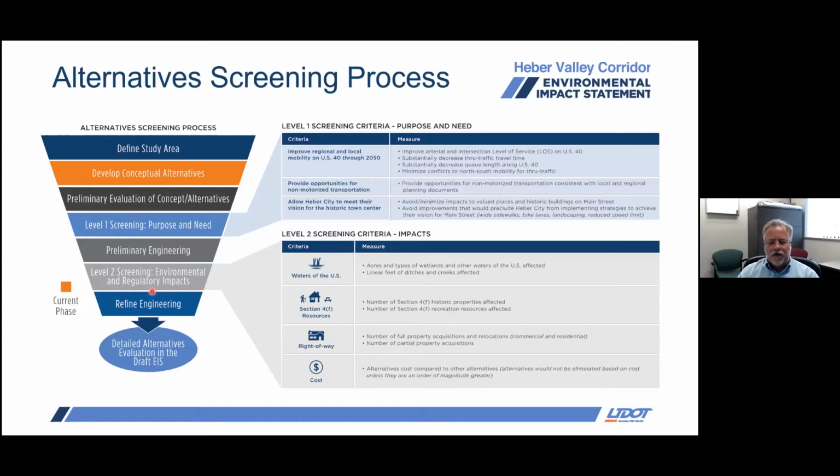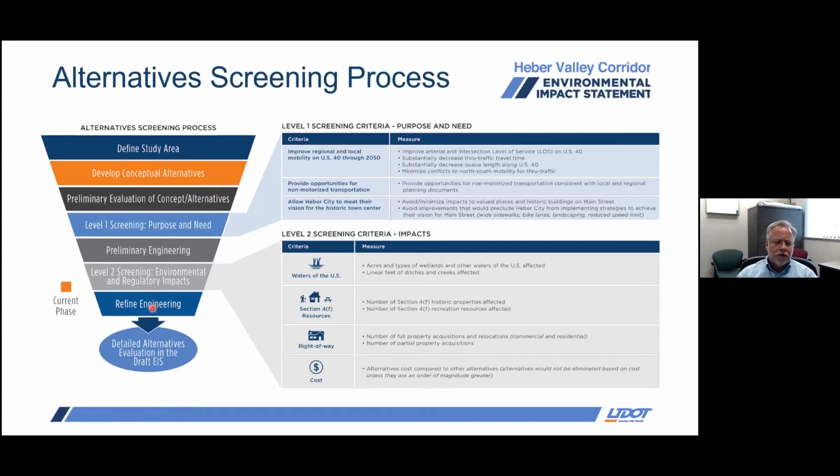Any alternatives that perform similarly with regards to purpose but have high impacts, those are the alternatives that we will at this stage screen out and eliminate from the process.